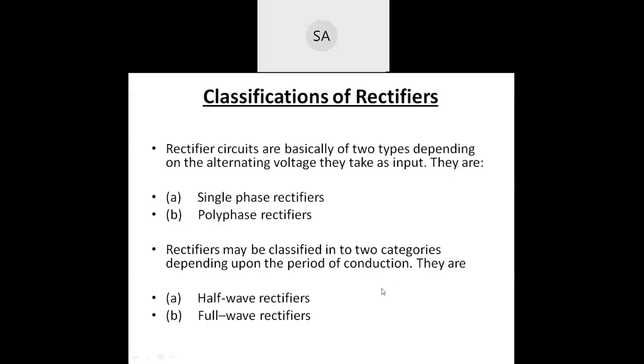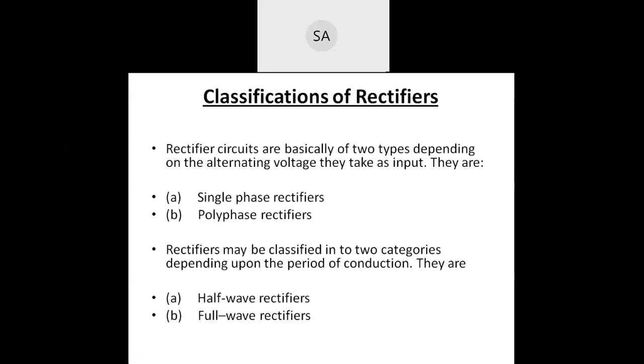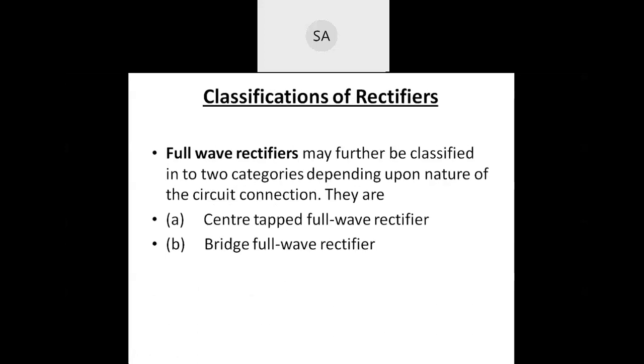Okay. Next one is the classification of rectifiers. One is the half wave rectifier, the other the full wave rectifier. The full wave rectifiers may further be classified into two categories depending upon the nature of the circuit connections.